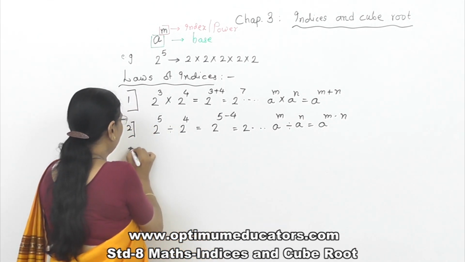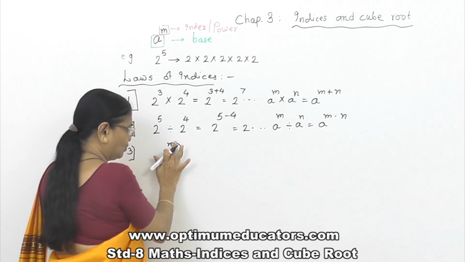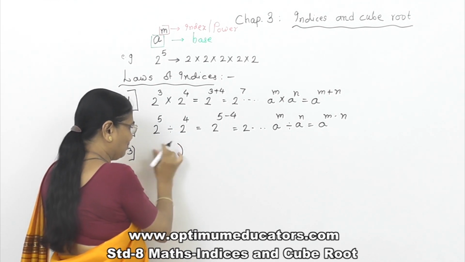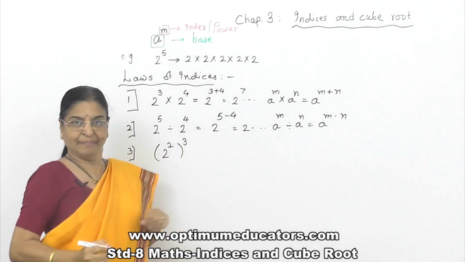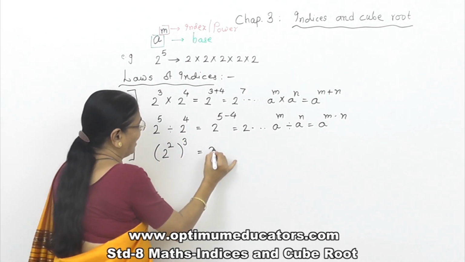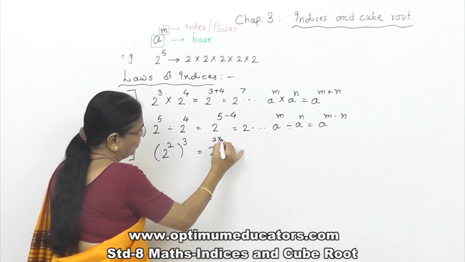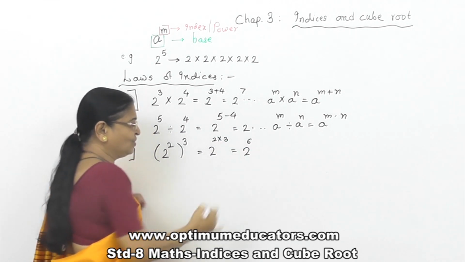What about if there is a law 2 raised to m? So I am taking one example. I will write here 2 raised to 2 raised to 3. Here there are 2 indices, and so I will write 2 raised to 2 into 3, and then 2 raised to 6.